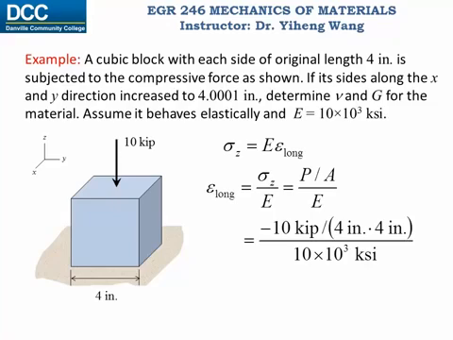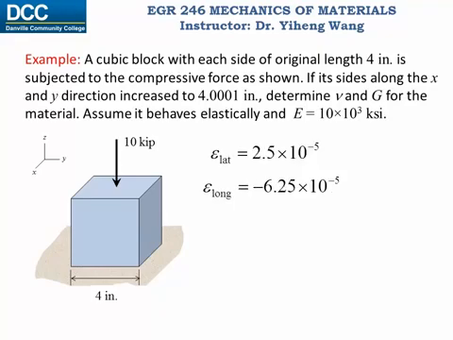P, the force, is negative 10 kilopounds, negative because it's along the negative z direction. Area is 4 inch times 4 inch, and then Young's modulus 10 times 10 to the third power KSI, and then we can calculate epsilon, the normal strain along the longitudinal direction, equals negative 6.25 times 10 to the negative fifth power. Negative sign indicates contraction along the z direction.